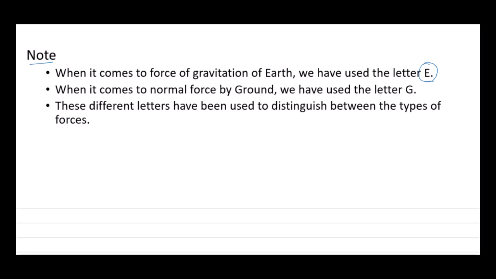The object in contact here is Earth, but the more relevant name will be the ground, and therefore we use the letter G. So normal force with G and gravitation force with E as the source of that force. And why do we use that? This is just to make it very clear in our diagrams, the kind of force we are talking about.